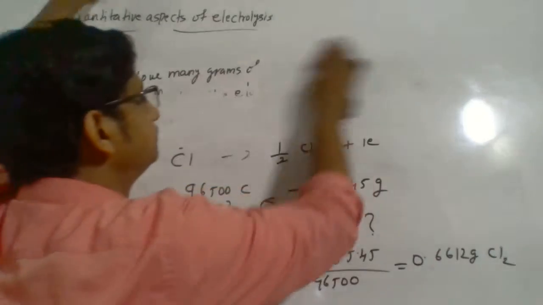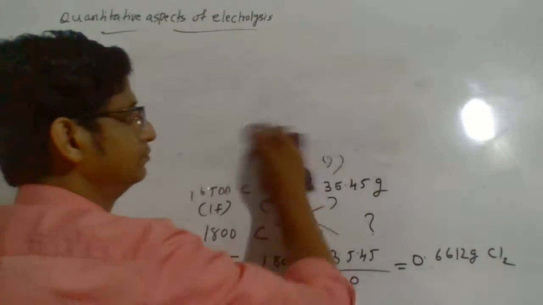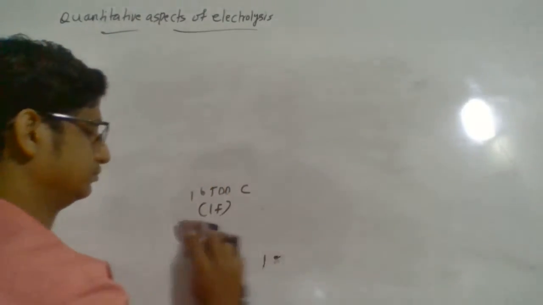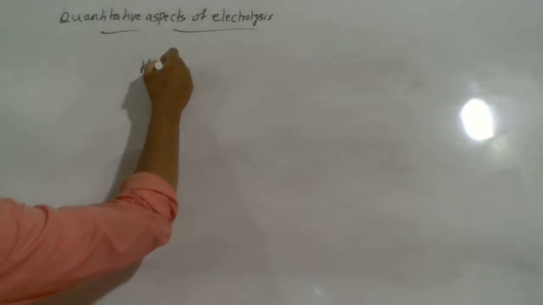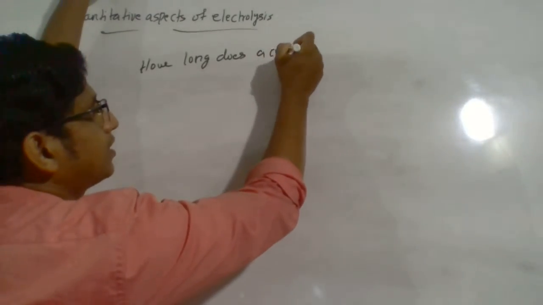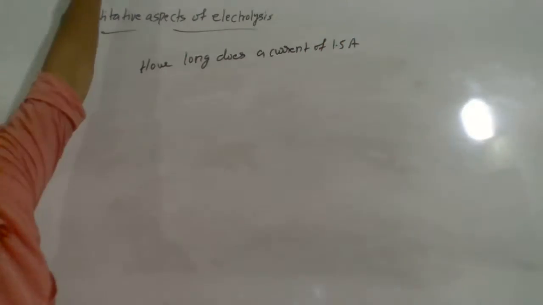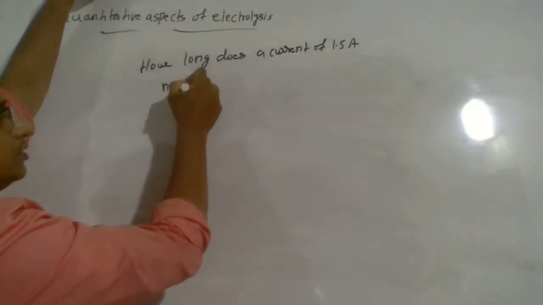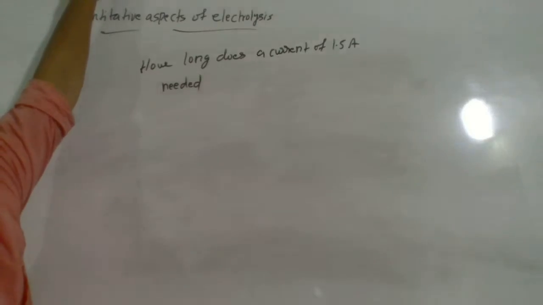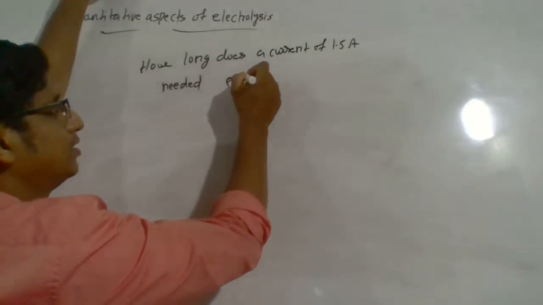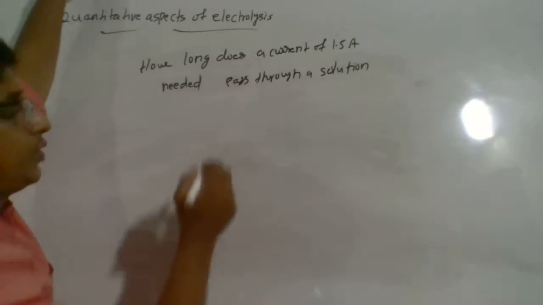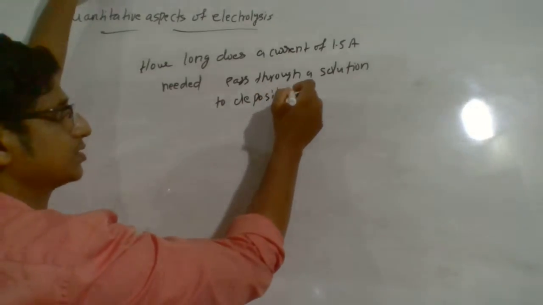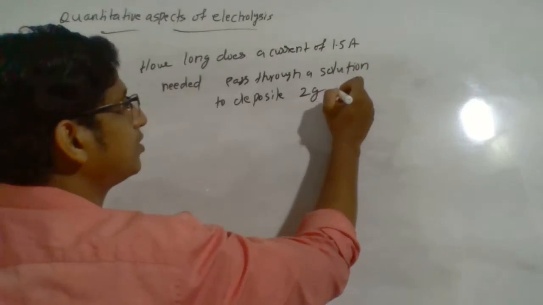So let us do one more problem. This time: how long does a current of 1.5 ampere need to pass through a solution to deposit 2 gram of aluminium?